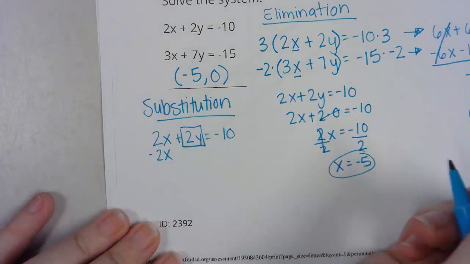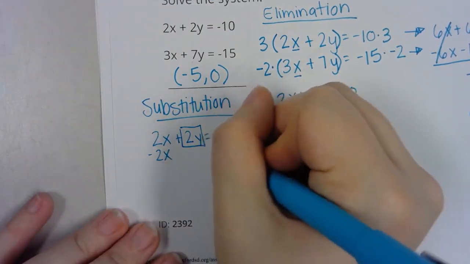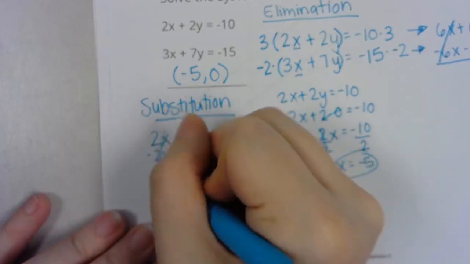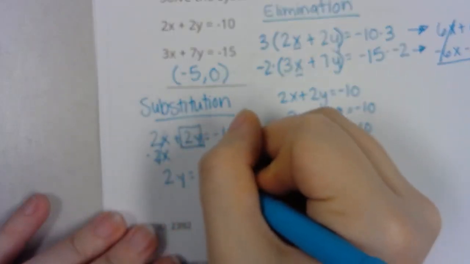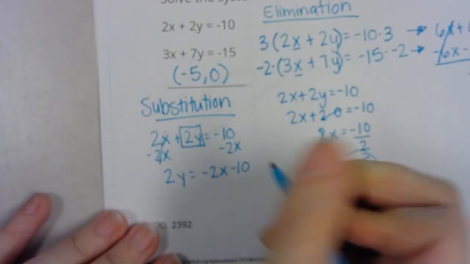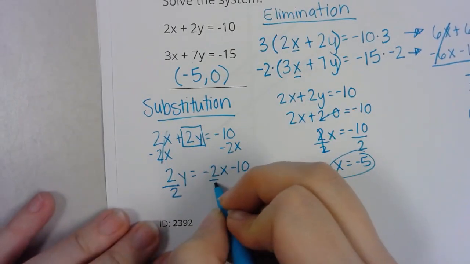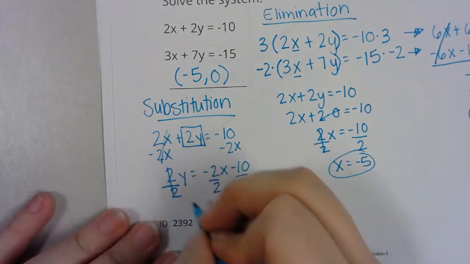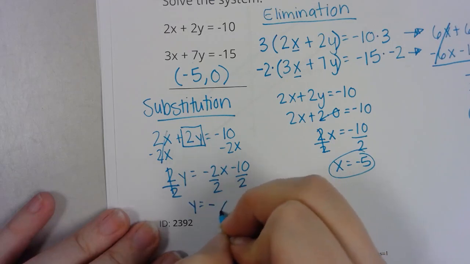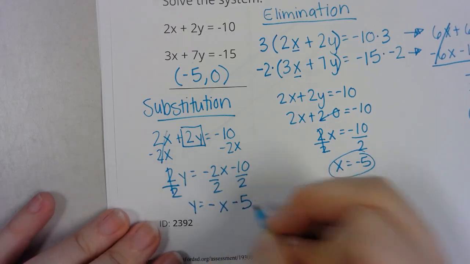Subtract 2x, subtract 2x. So I'm left with 2y equals negative 2x minus 10. Divide both sides by 2. So y equals negative x minus 5.